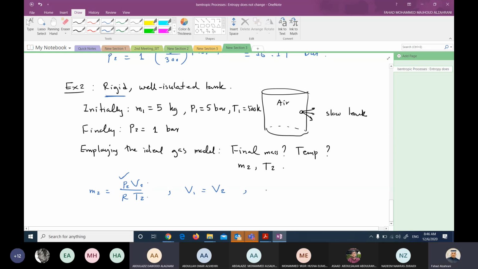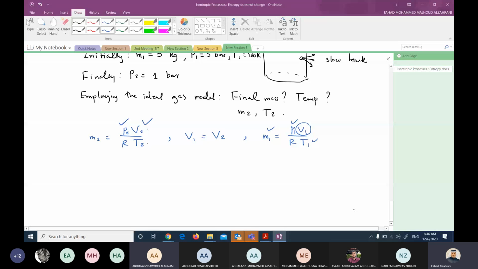From state 1, M1 equals P1 V1 over R T1. I have T1, I have P1, I have M1, so I can find V1. This is done. Clear?